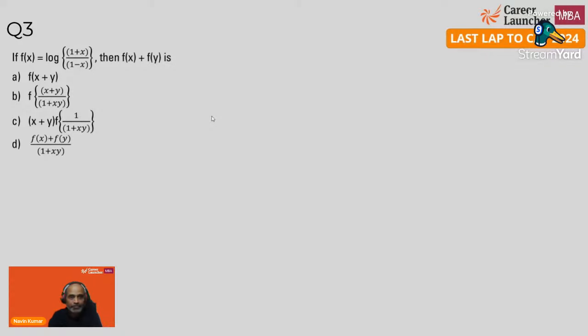Next one. F of x is given as log of (1 plus x) upon (1 minus x). Then what is f of x plus f of y going to be? So basically f of x plus f of y can be written as log of (1 plus x) upon (1 minus x), and since we are asked f of y now, instead of x we'll be substituting y.